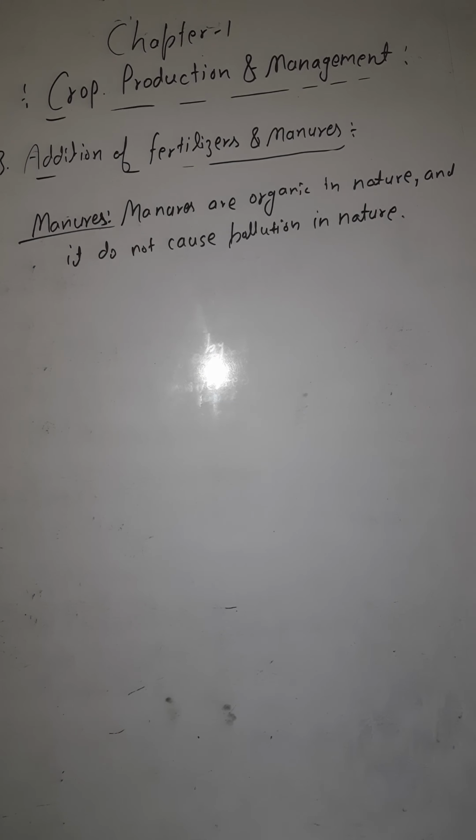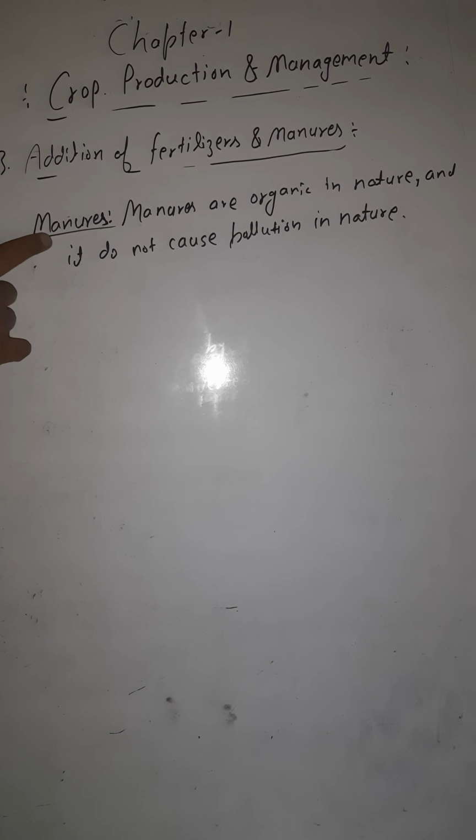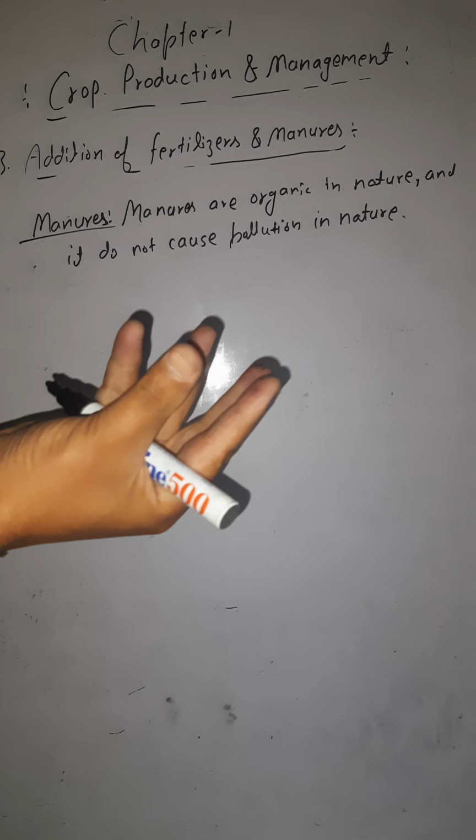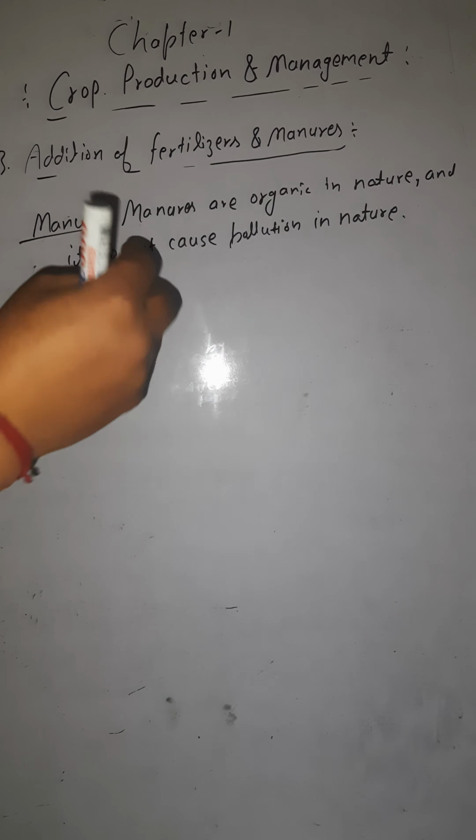It is made up purely of animal dung and compost material, like leaves and so on. These are the things, the compost material. So it is purely made up of dung and compost material.